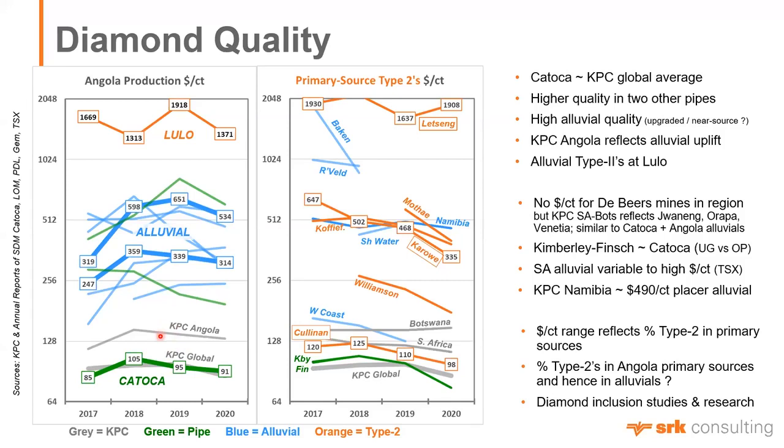And we can do a little bit more diamond intrusion studies and research on the actual productions coming out of Angola to be able to elucidate the proportion of type 2 diamonds that are masquerading as other diamonds in this part of the diagram here. So I won't say anything more about diamond quality, but this is a very useful way of looking at diamond quality from Angola in comparison to the rest of the Southern African region.